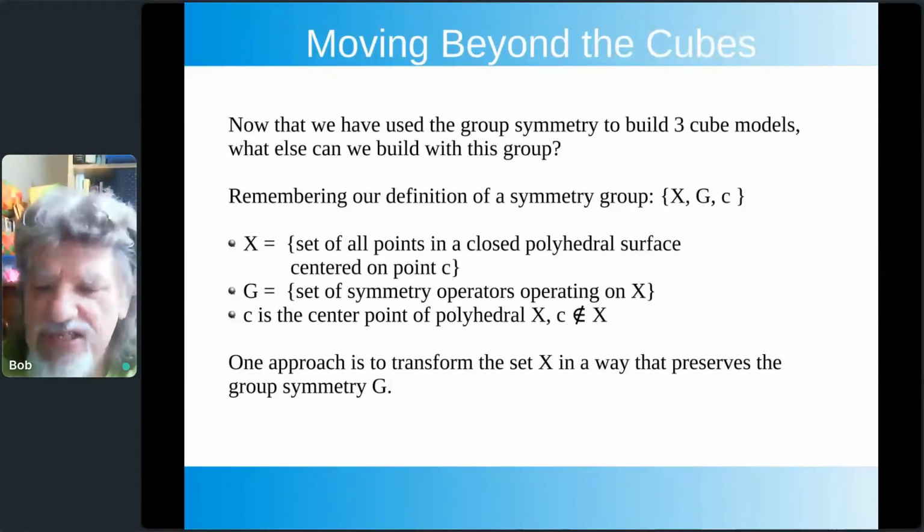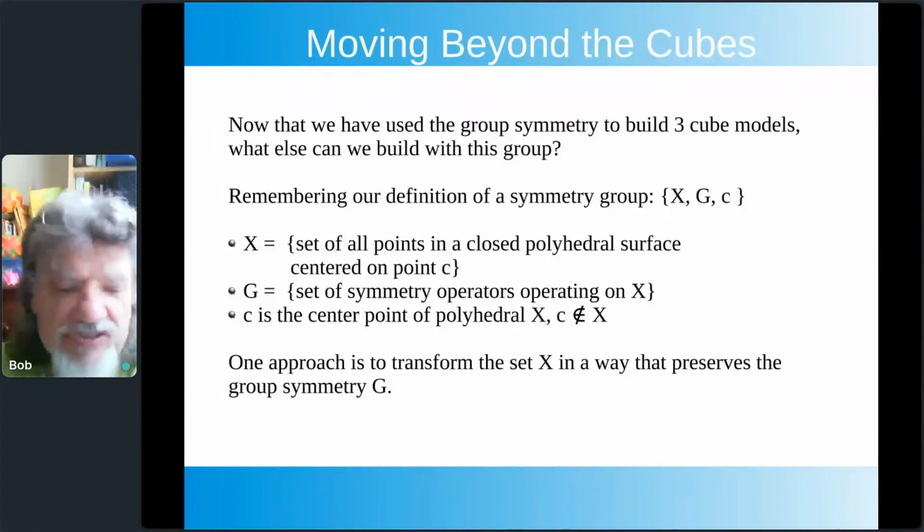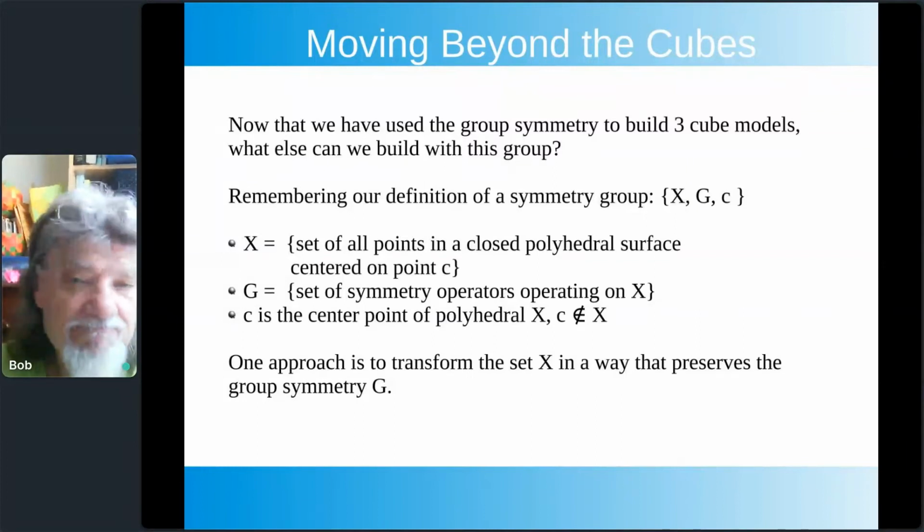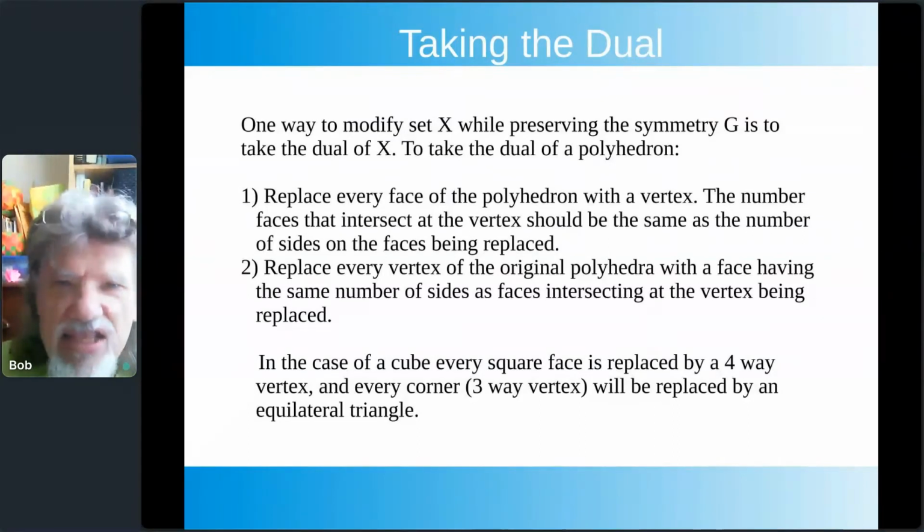And there are transformations you can make to the set X that the group operates on that preserve group symmetry. Something you don't think about. We always think about things we can do to G. Here we're going to do something to X and keep G the same. One is to take the dual.